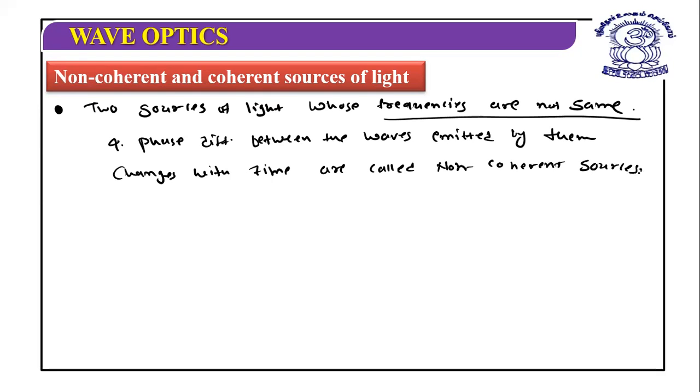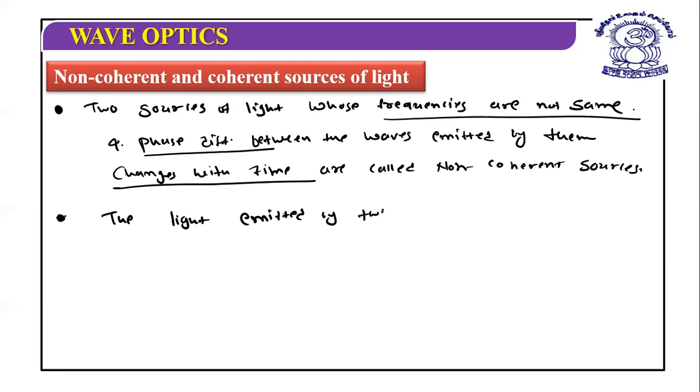There are two conditions: the frequencies of the two sources are not same and the phase difference changes with time. Here, the light emitted by any two independent sources of light are non-coherent.